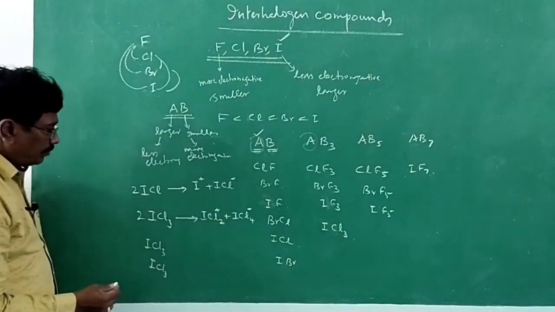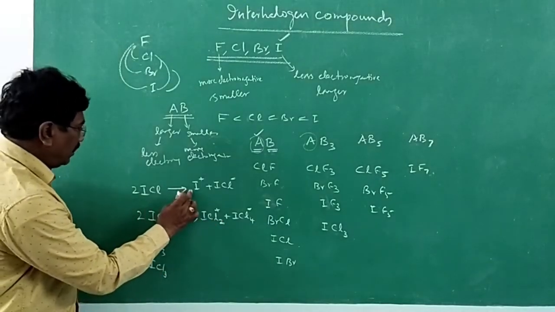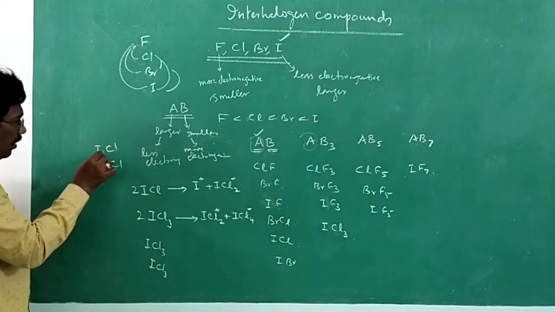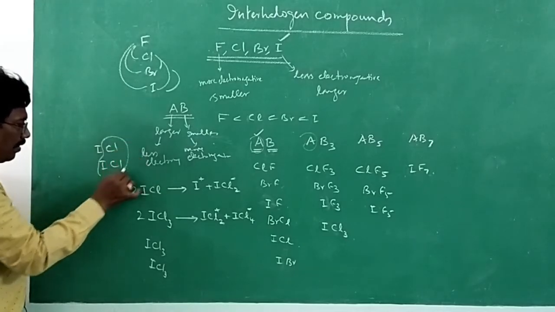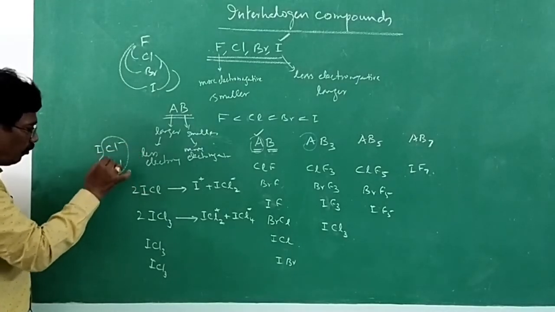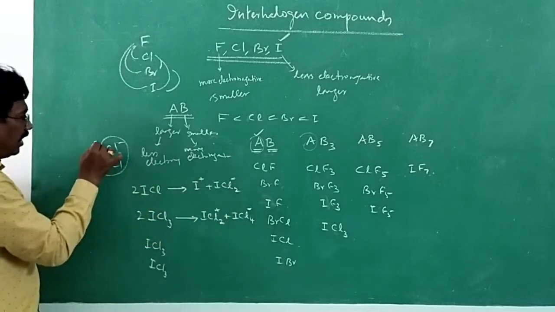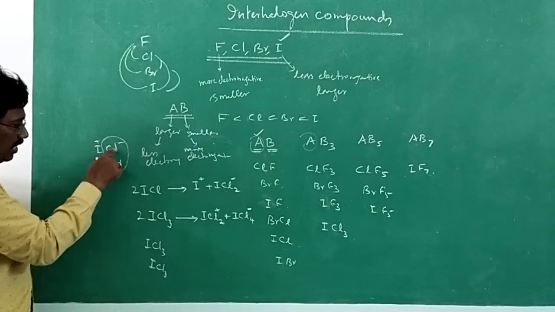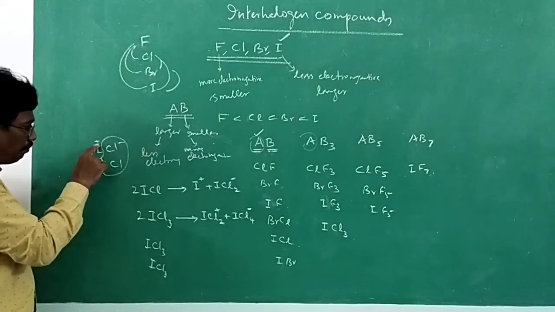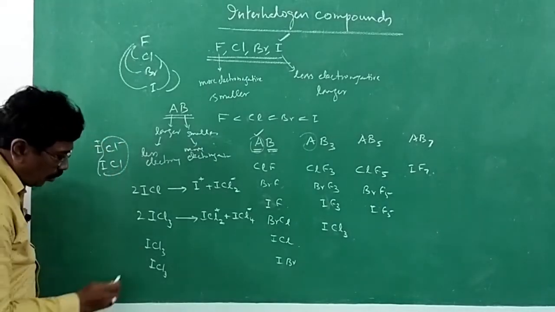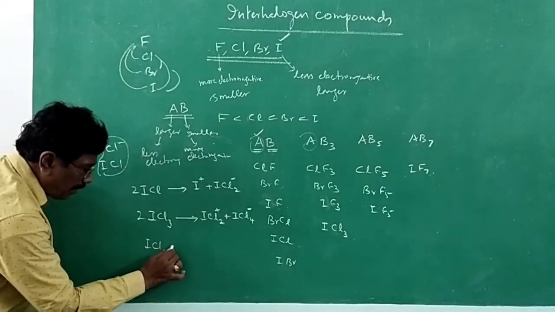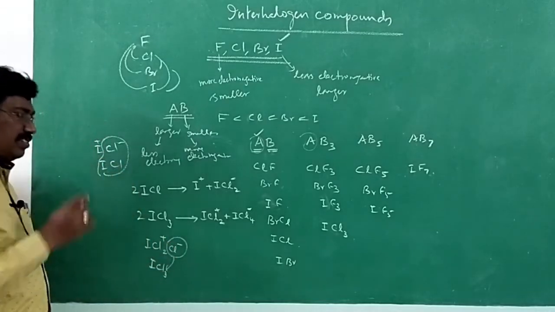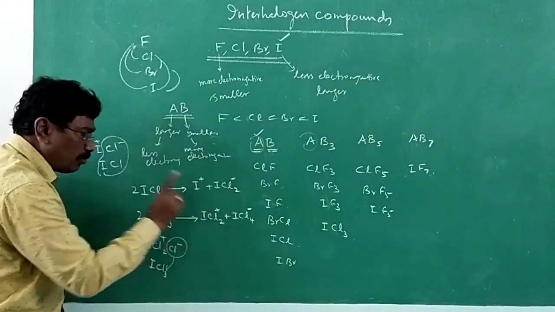One chloride ion, with negative charge, moves over here. Therefore, it becomes ICl4 minus in one case, and ICl2 plus in the other. Here ICl4 minus, here ICl2 plus.